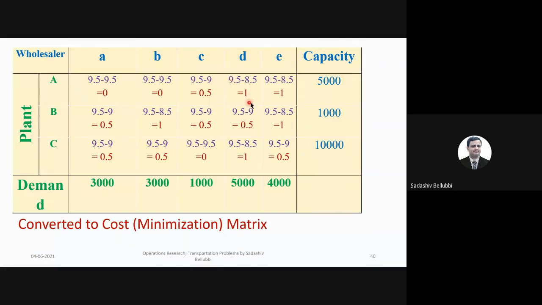So now I have converted this matrix to the minimization matrix. You need to subtract all the elements from the highest element and write those answers. That is the conversion of a maximization problem into minimization. Just write all the answers.